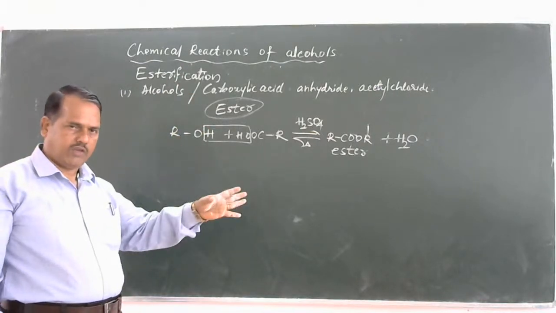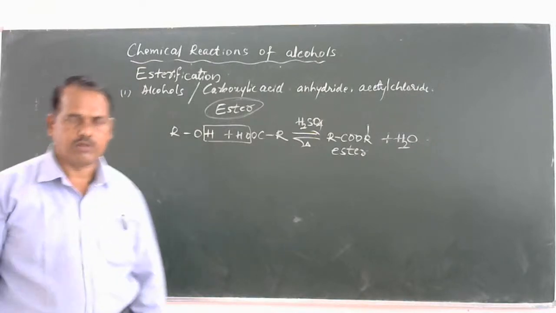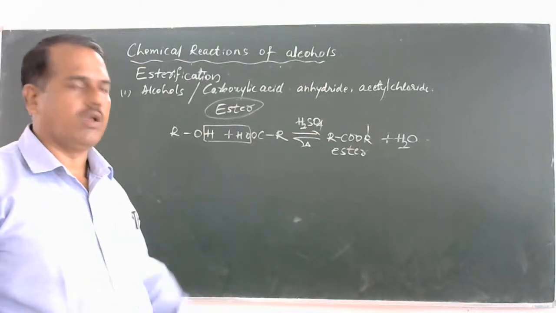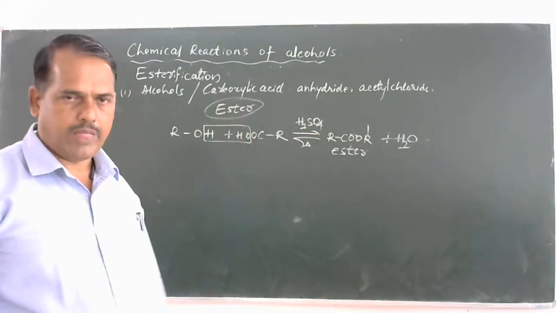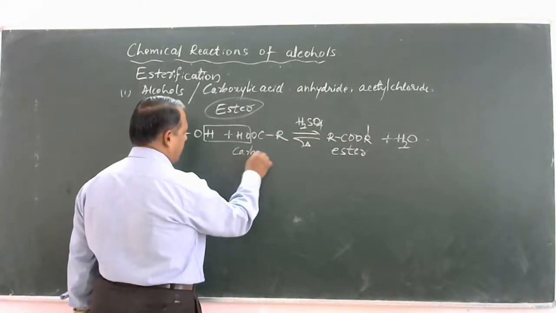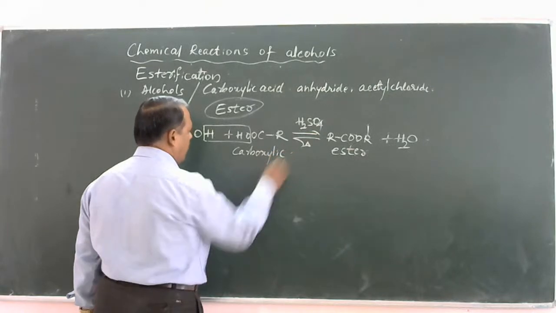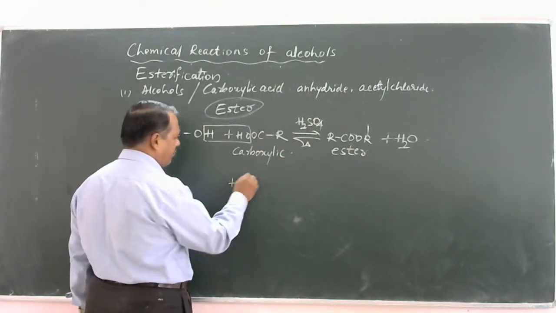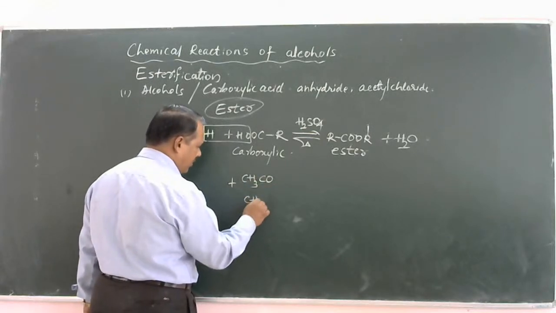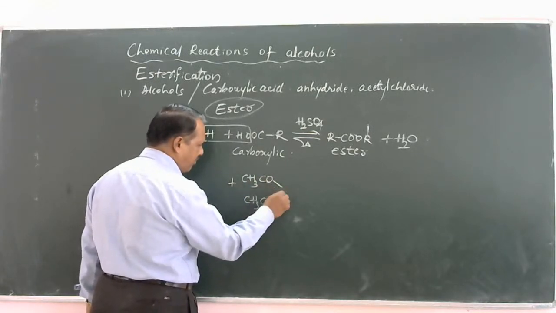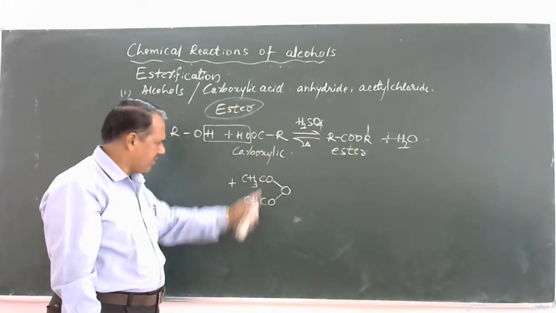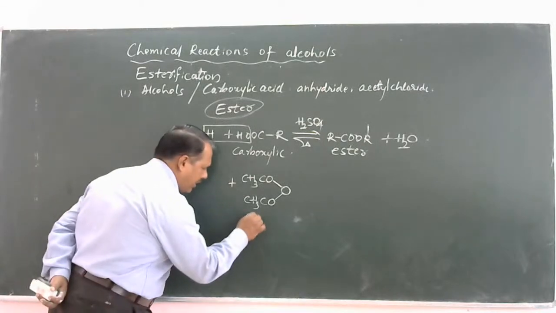What is esterification? Give an example. Define esterification, or what is esterification reaction? Give one general example. You have to give an example. See, instead of carboxylic acid, you can use acid anhydride, which is nothing but acetic anhydride, CH3CO twice bonded by an oxygen atom.